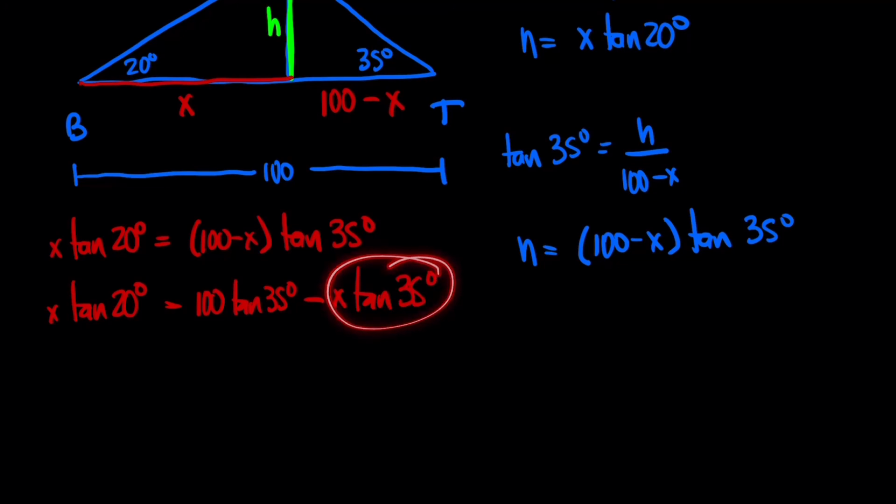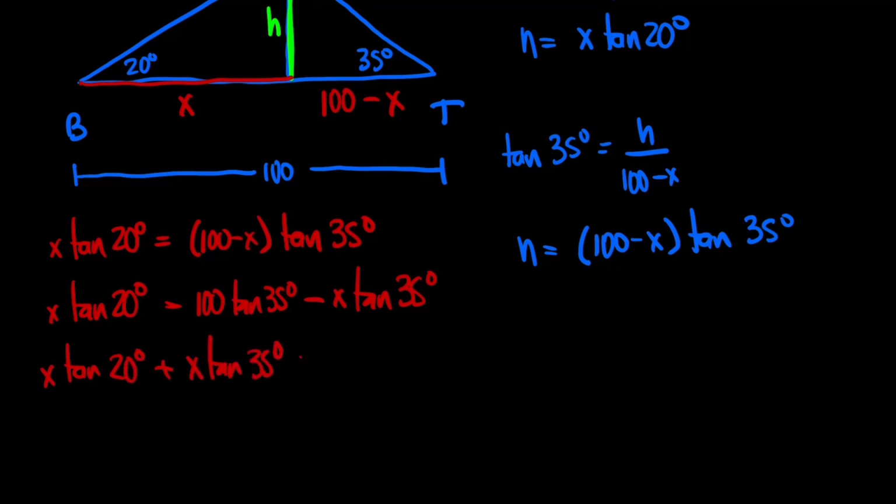Now, these are different. I can't combine these. I can't add this over here and combine those two, but I can add it over there to get an expression that will lead me to getting the X by itself. So I'll add that to both sides. Okay, so I have X tangent 20 plus X tangent 35 equals 100 tangent 35.